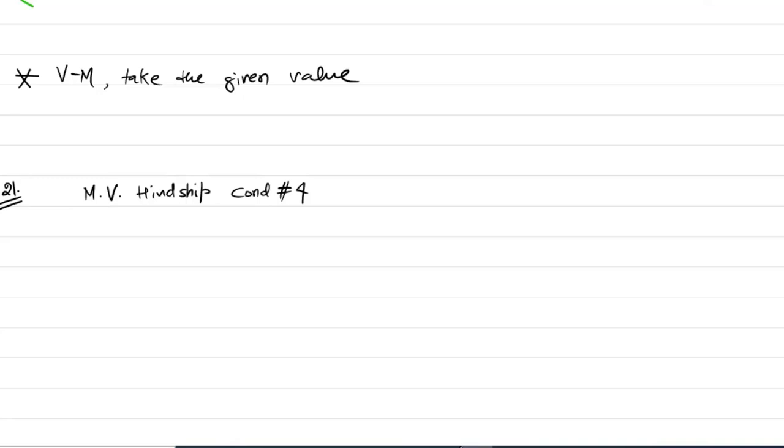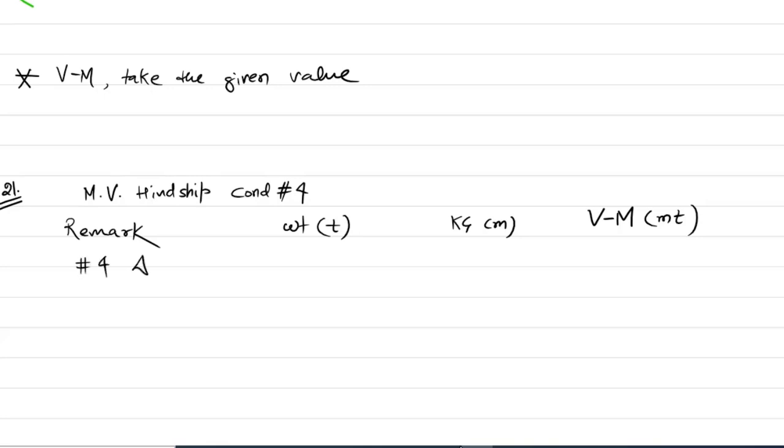So let's write the values: remark, then weight. यूनिट जरूर लिख देना, टन्स, meter and vertical moment, that is meter ton. First remark is number 4 condition, displacement.